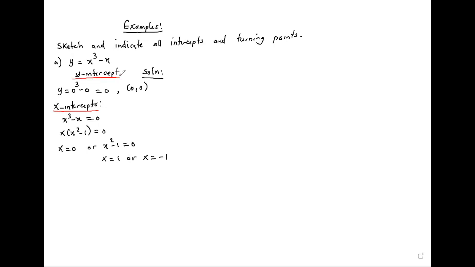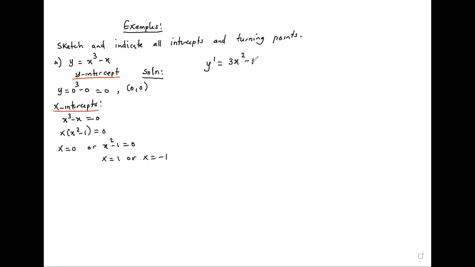Okay, so we have the y-intercept, we also have the x-intercepts. What don't we have? We don't have the turning points. We now want to bring in calculus to find the turning points. You differentiate the function y, you get y prime, which is 3x squared minus 1 using the power rule.